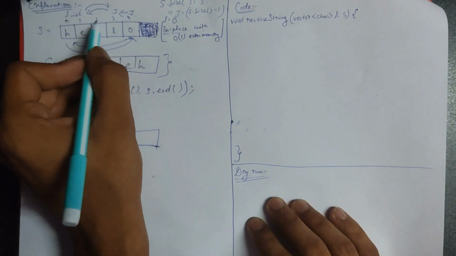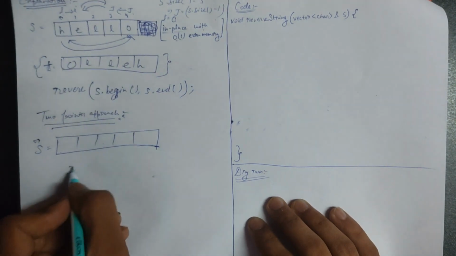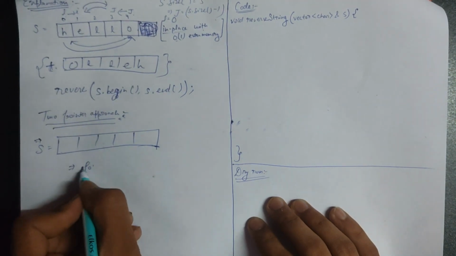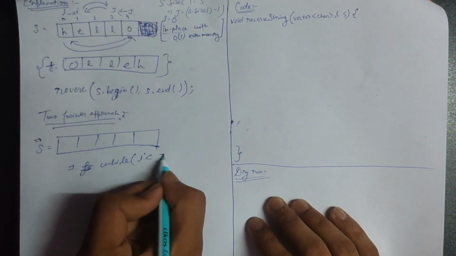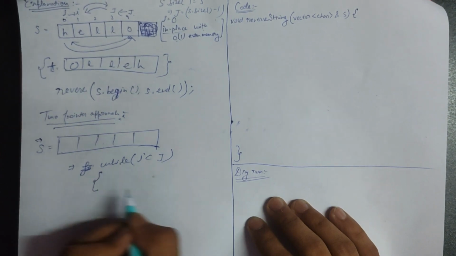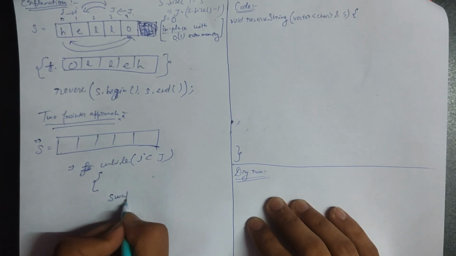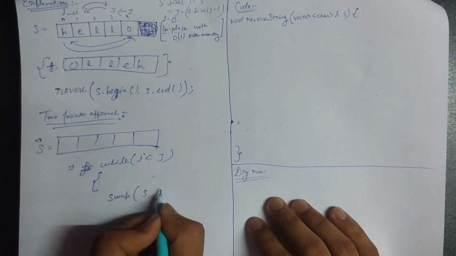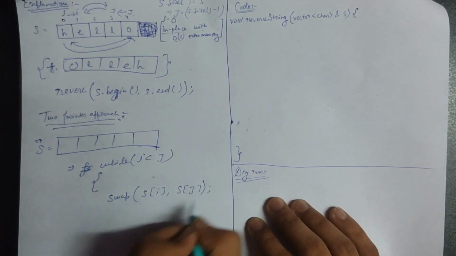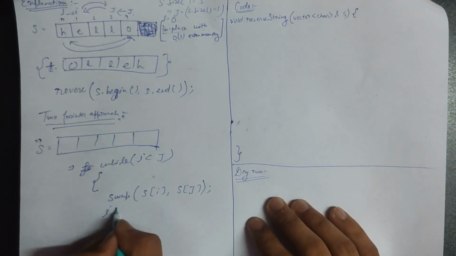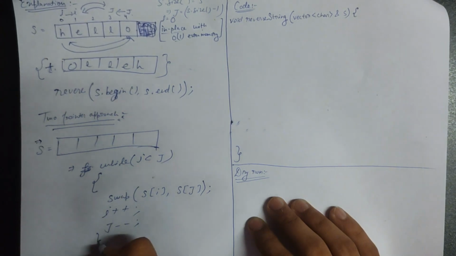And when i is greater than or equal to j, the loop will terminate. So we will write a while loop: while i is less than j, we will swap the characters s[i] and s[j], and after this we have to increment the i pointer, decrement the j pointer, and end the loop.